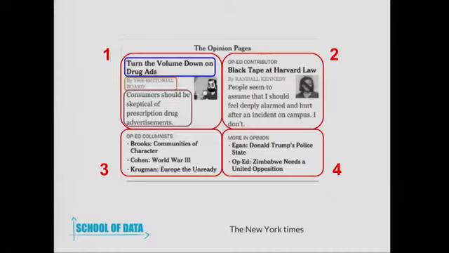So if you're doing an analysis of what the New York Times is publishing on the opinions page, you might notice that there are little boxes in here, right? And there are titles, there are the authors of the stories, there is a description, right? And we have a position. So if we change the way we see it, and you look at this slide right now, we have in red the positions of the stories.